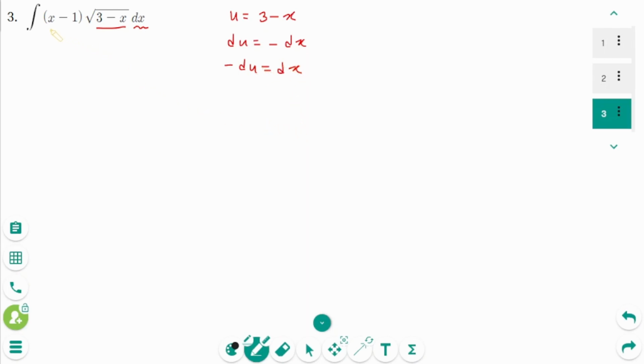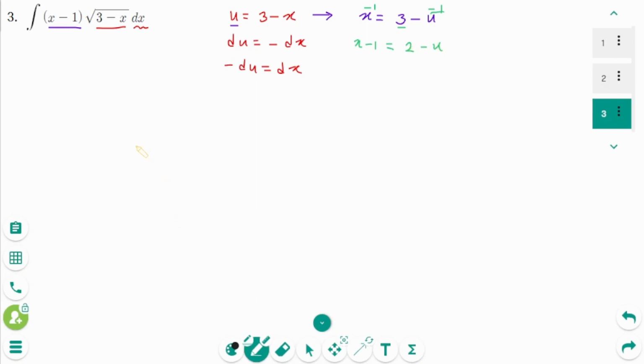How about x minus 1? Start here. Solve for x. Move x to the left. x equals 3 minus, move u to the right. Minus 1 on each side. Then x minus 1 equals 3 minus 1, which is 2, minus u.